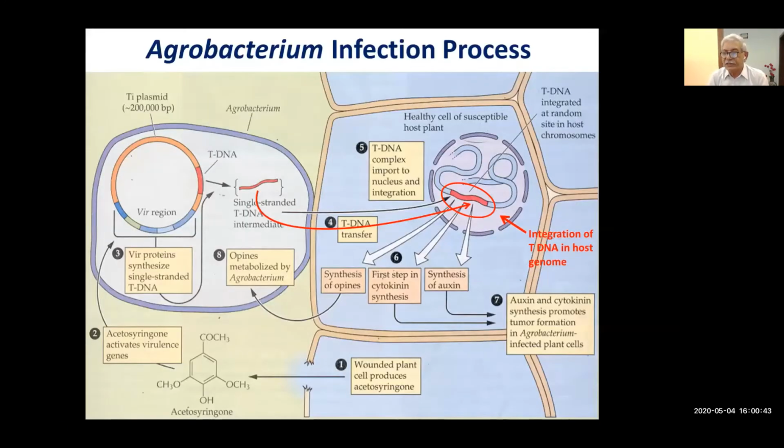So the Agrobacterium infection process that I was talking about last time initiates with damage to the plant cell. And Agrobacterium should actually be in the vicinity of that damage if this infection has to take place.